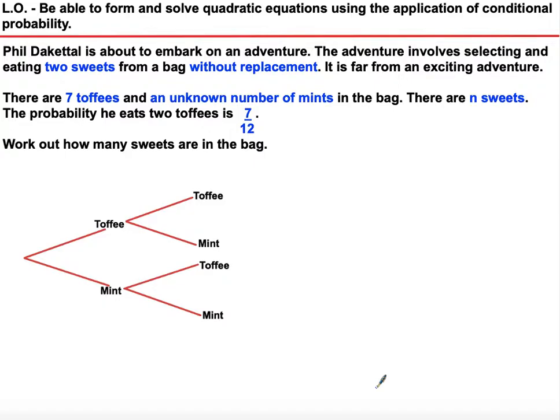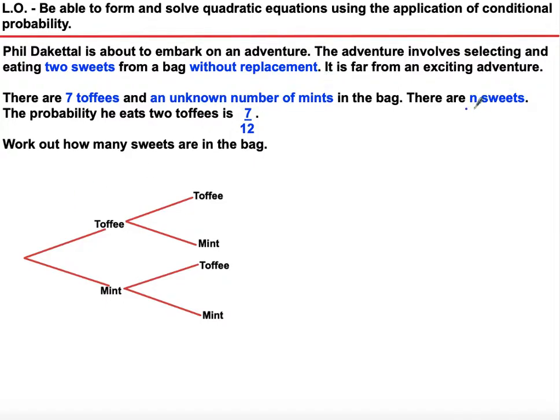So this is quite a tough question, but the fact that it says he's going to eat 2 sweets without replacement is crucial, and that indicates that it is going to be a conditional probability question. If we had 7 toffees and 10 sweets in total, it would be easy to assign a probability to the initial pick of toffee, which would be 7/10.